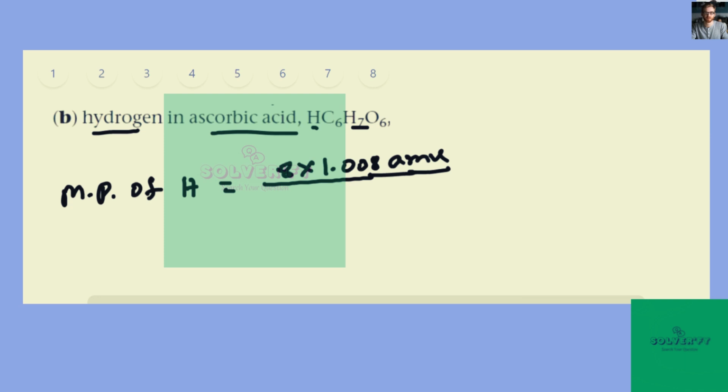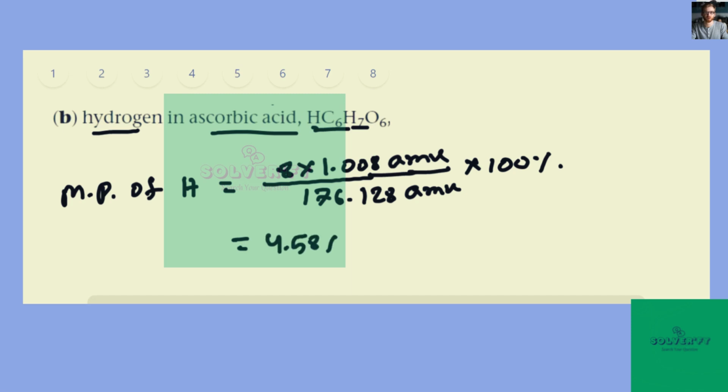Following the process we did in the previous problem, we will have a formula weight of 176.128 atomic mass unit for ascorbic acid, and times it by 100%, and it will give us the mass percentage of hydrogen as 4.58%. So this is the mass percentage of hydrogen in ascorbic acid.